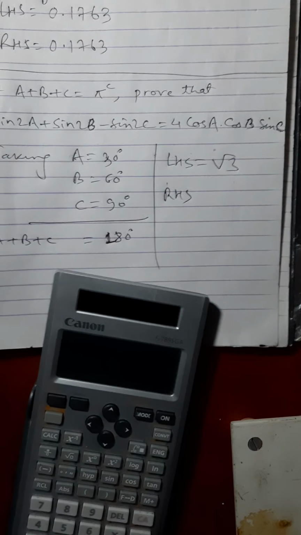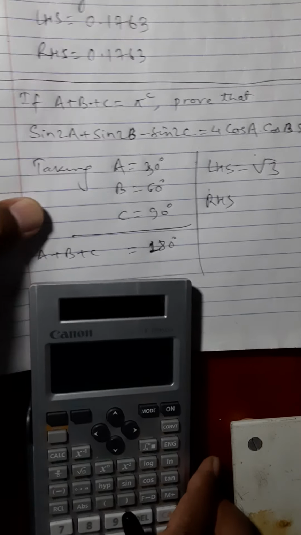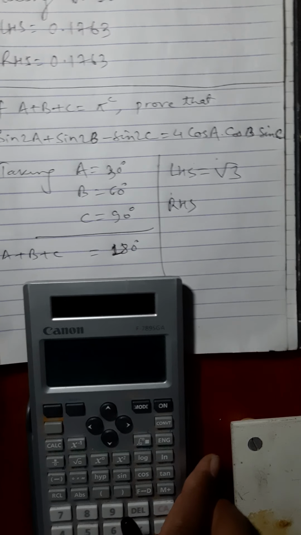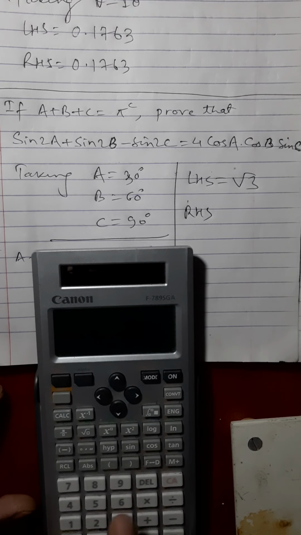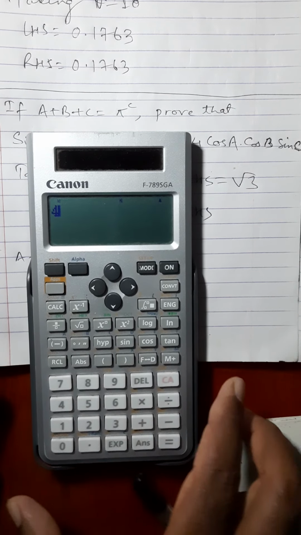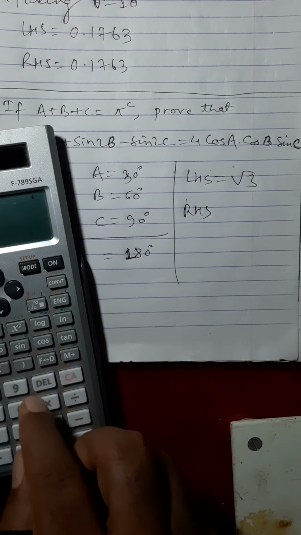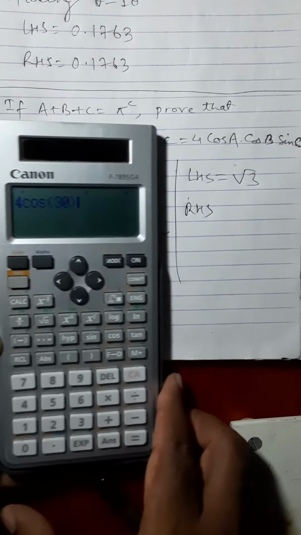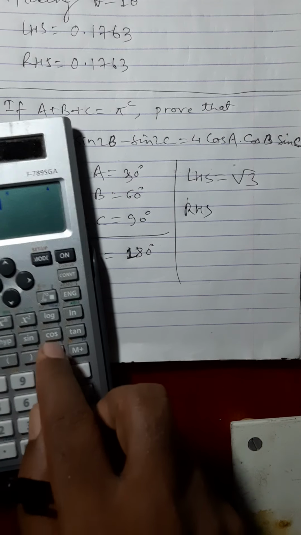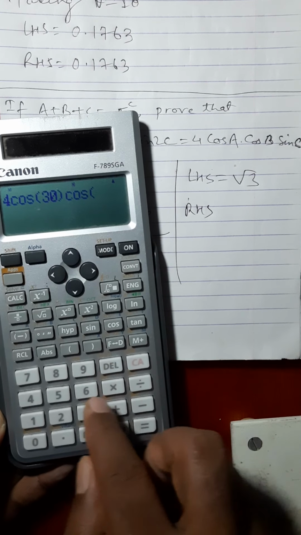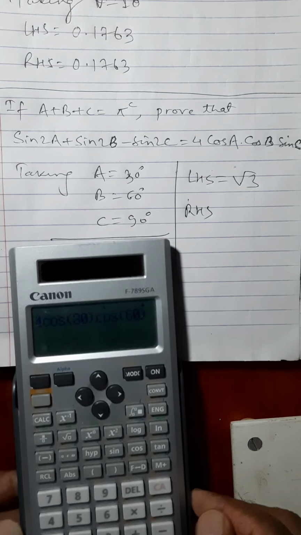On the right hand side there is 4 cos A cos B sin C. So 4, cos value of A which is 30, cos value of B which is 60, and sine value of C which is 90.